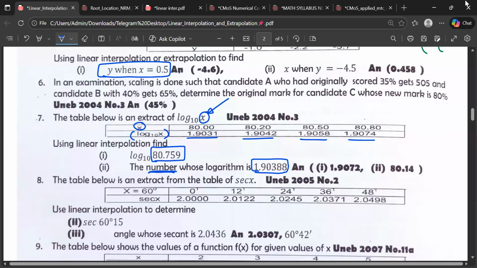For those who studied logarithms with me, I remember telling you when they say log a of b equal to c, c is a power, b is the base, and a is the number. So when they ask the number, they're asking for x. Simple as that.